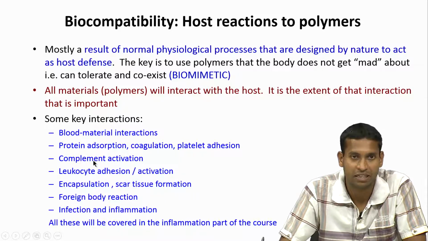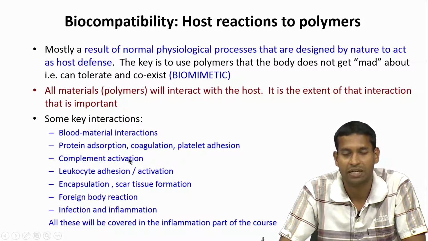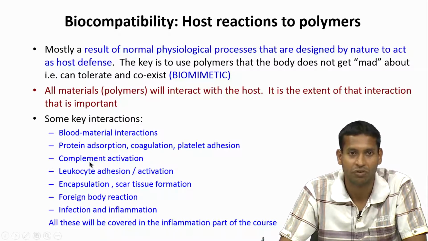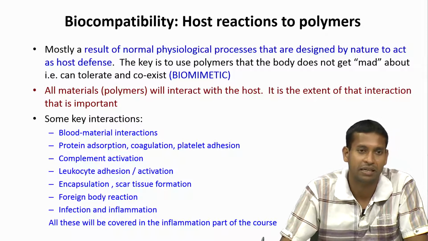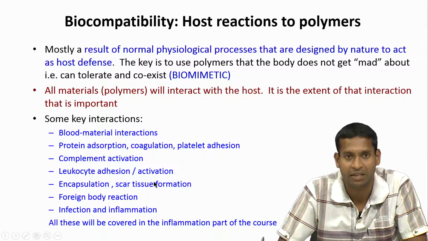The blood also contains several components of the complement system, which is an immune response against foreign things. It's one of the immune responses that the body generates. So, how those complement proteins tackle the material that you put in is important. The immune cells, leukocytes: how they are adhering, whether they get activated.